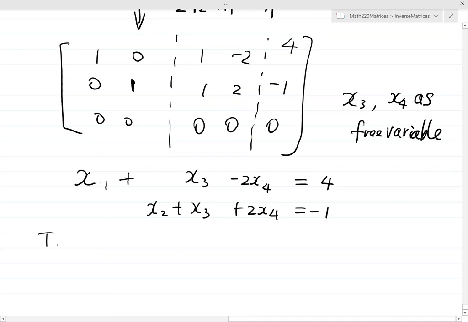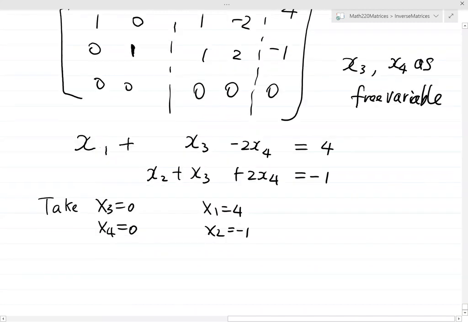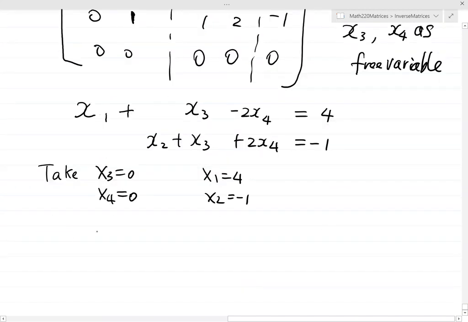For instance, take x3 to be 0, x4 to be 0. So we get a special solution: x1 is 4, x2 is -1. Okay, so you get x1 is 4 minus x3 plus 2x4. x2 you get -1 minus x3 minus twice x4.